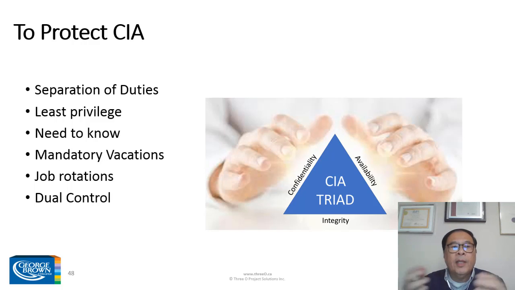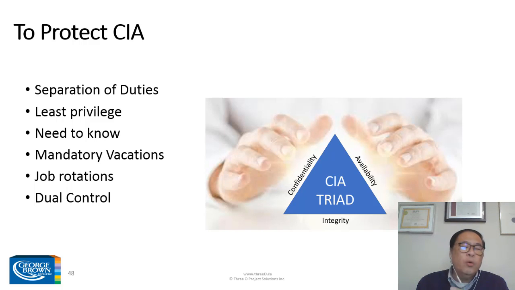Obviously. Least privilege: all employees start with the minimal amount of access privilege, and it only grows if they need it. So when you issue privileged access for an employee, you only give them the minimum in order to do their job, nothing more.